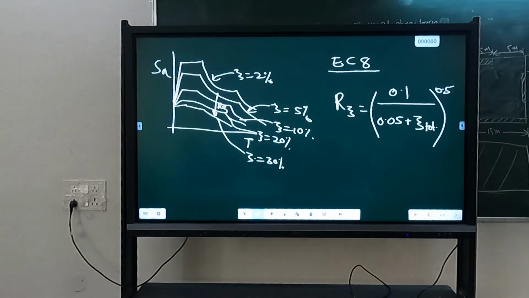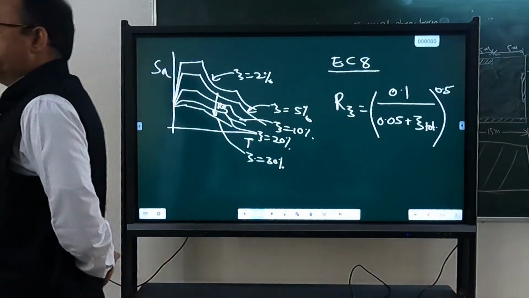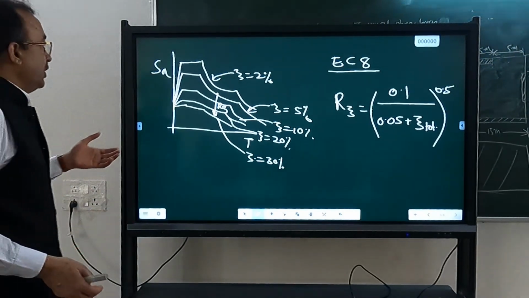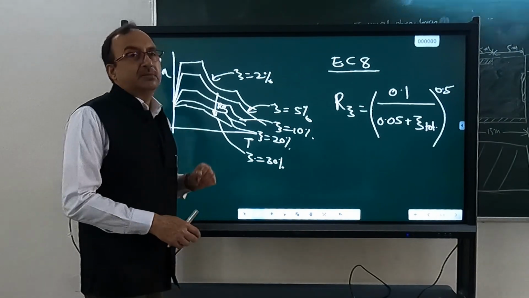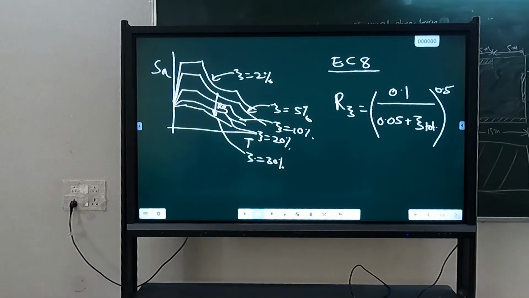So you can use either the table given in our code, or the expression given in the Eurocode. If you look at ATC 40, there is a different definition and different value, and if you look at FEMA 440, they have come out with a different value. Why? Because these have been obtained empirically. They have done it for different systems and different earthquake ground motions, and seen how much reduction occurs.